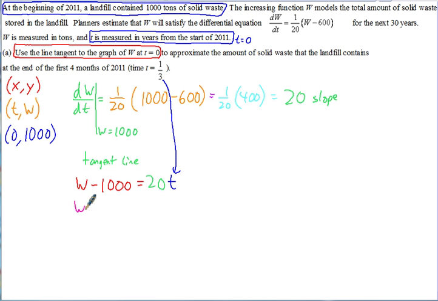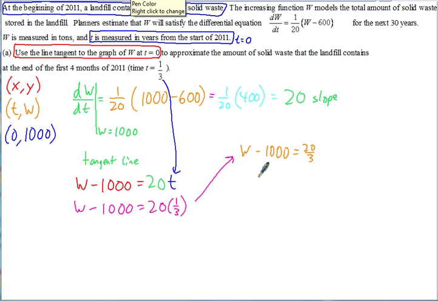So you get w minus 1,000 equals 20 times 1/3. So that's 20/3. And then just add 1,000, which is the same as, if you get a common denominator, adding 3,000 thirds.